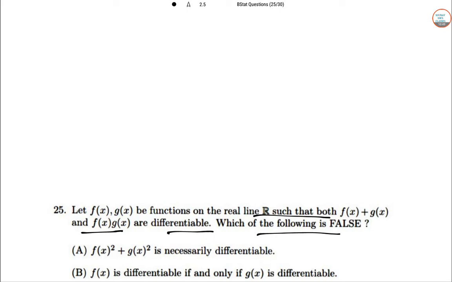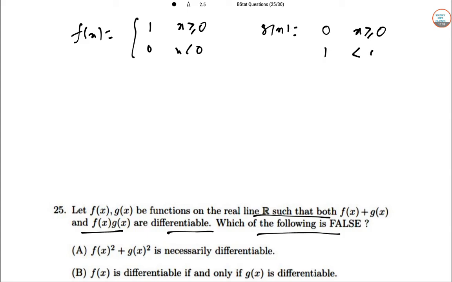On a real line, so f x plus g x. Okay, let's solve it now. So f x takes 2 values, 1 and 0, where x positive and where x negative, g x also in a similar way, you can write 0 and 1, for x greater than or equal to 0, less than 0.